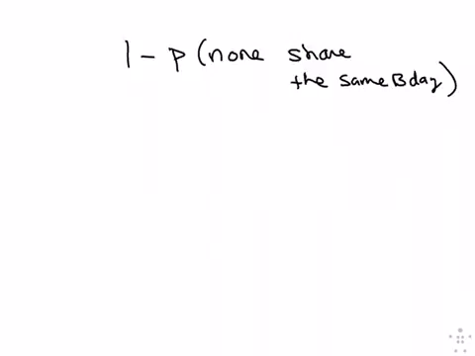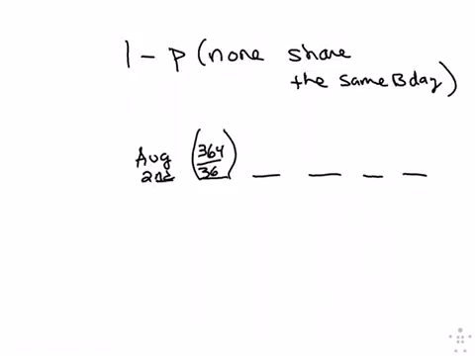Well, just think about that. 1, 2, 3, 4, 5, 6. All right, let's just say this first person has a birthday that's August 2nd. What's the probability that the guy or girl next to him doesn't have his birthday? So you're thinking 364 out of 365.